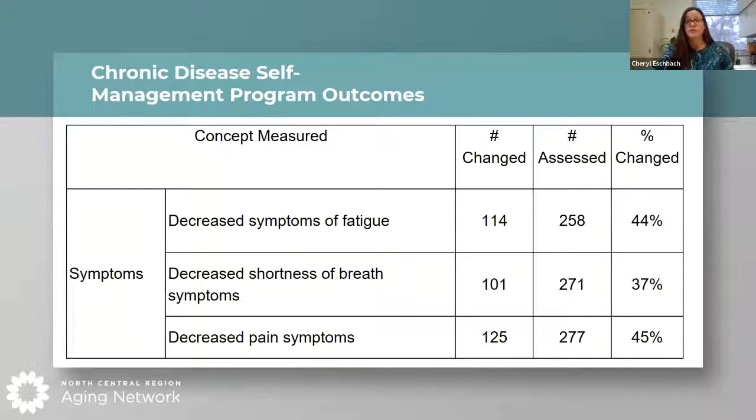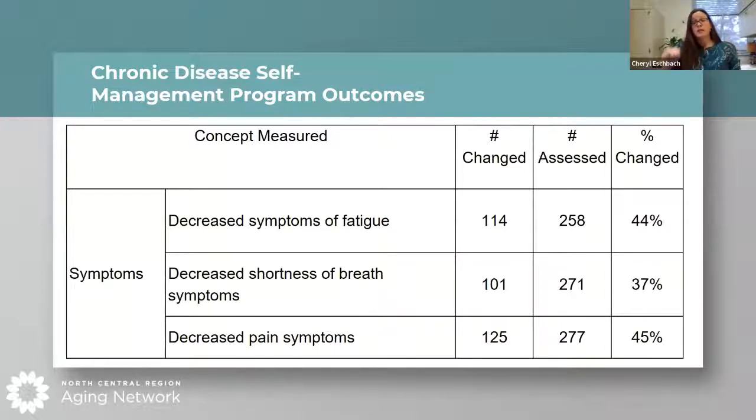We use this information in reports like this. So for the chronic disease self-management program, the 3 different symptoms that are measured pre and post, we'll calculate a number changed. And then the number assessed in this case are the number of surveys that were returned. And you'll notice that differs because we know sometimes people skip questions. So we use the number assessed to then create a percent change.